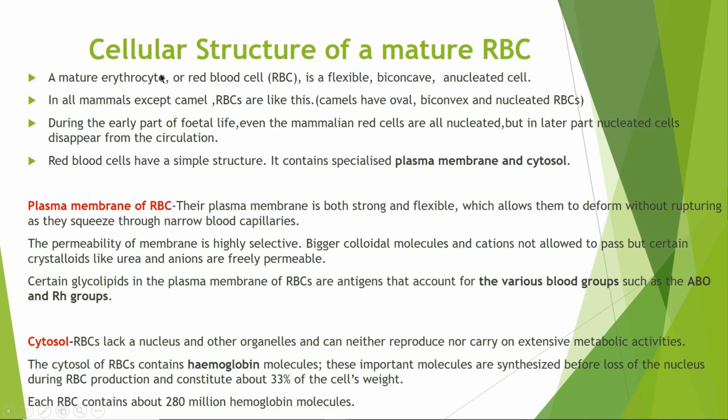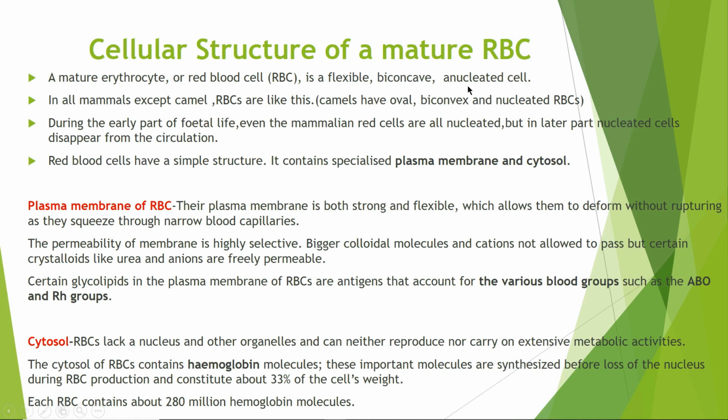A mature erythrocyte is a flexible, biconcave and anucleated cell, as we have already discussed that mature RBCs are anucleated because we want to create some space for the filling of hemoglobin inside it, right? And it is biconcave.